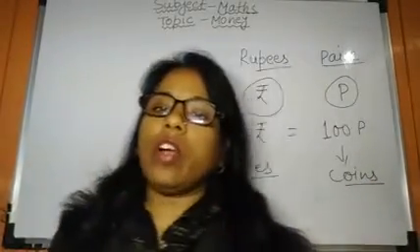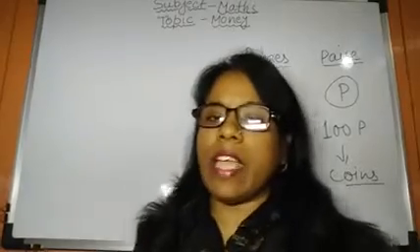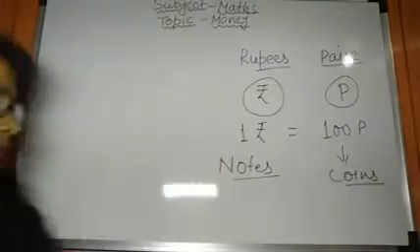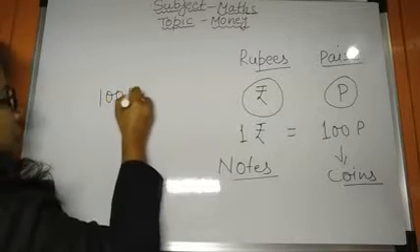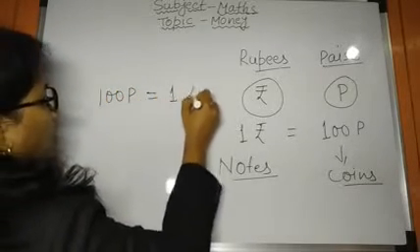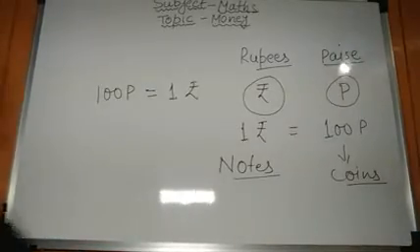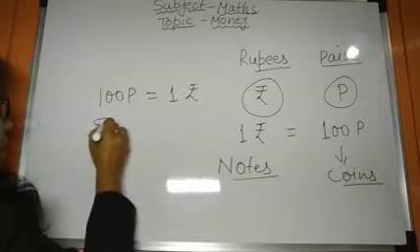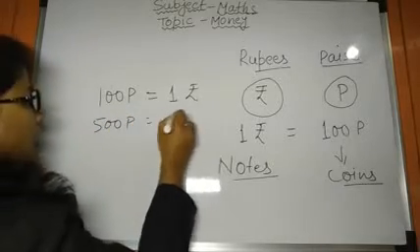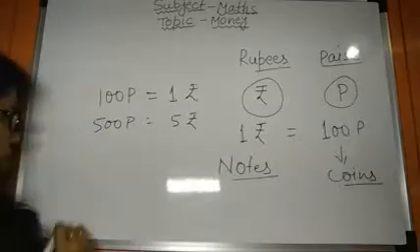So how can you convert rupees into paise and paise into rupees? The conversion is 100 paise is equal to 1 rupee.